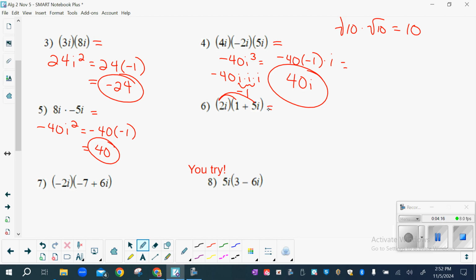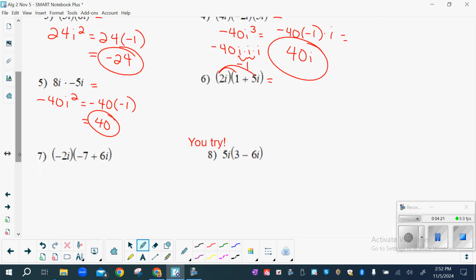Madison, tell us what we get. Is it like 7i plus 1? So we take 2i times 1, which is 2i, and then 2i times 5i. I think you added instead of multiplied. That's all right, no worries. You haven't seen one like it. 2 times 5 is 10, and it would be 10i squared.